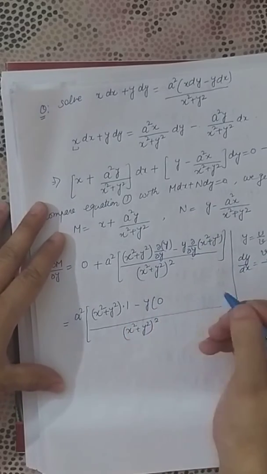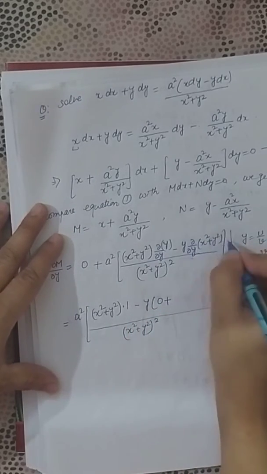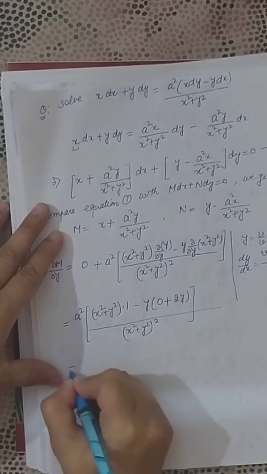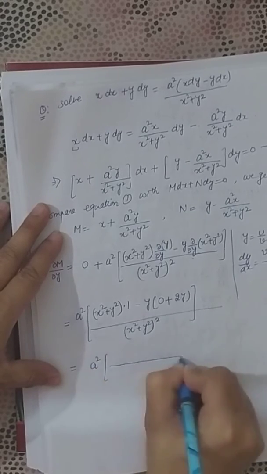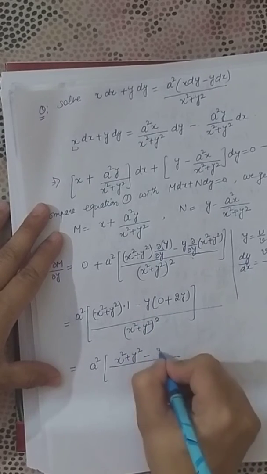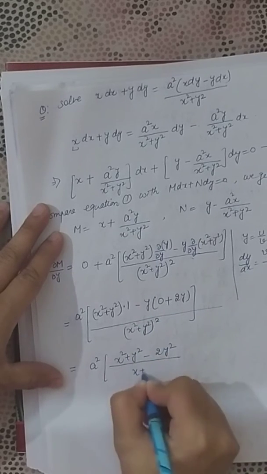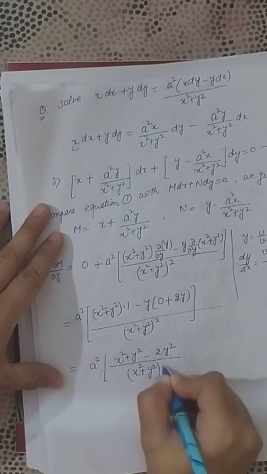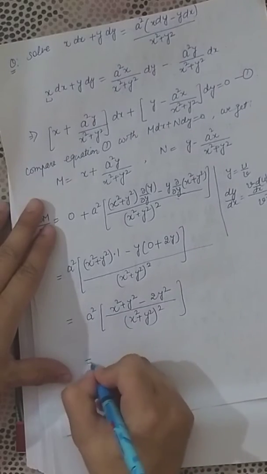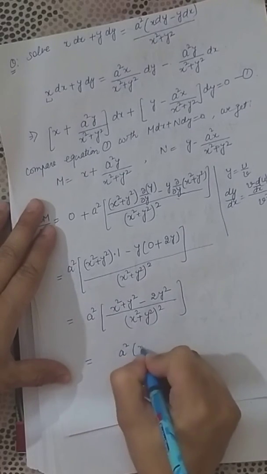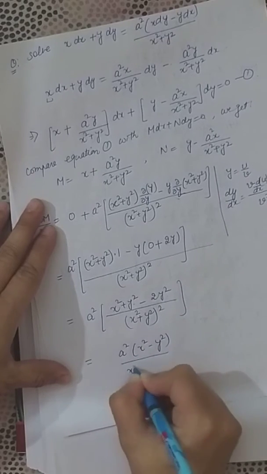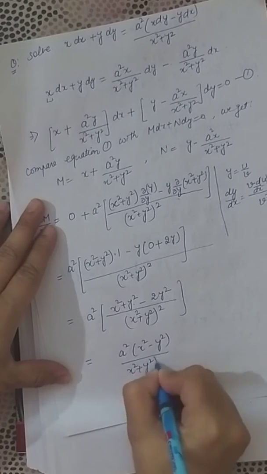Derivative of x square, that means constant, is 0, and partial derivative with respect to y of y square is 2y. This is equal to a square [(x square plus y square) minus 2y square] divided by (x square plus y square) whole square, which is equal to a square (x square minus y square) divided by (x square plus y square) whole square.